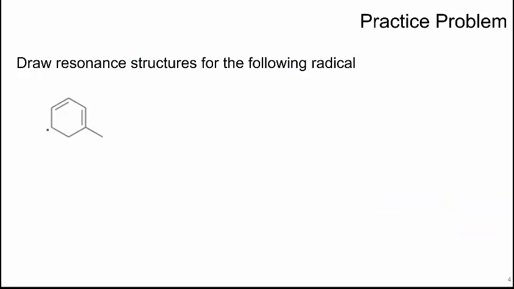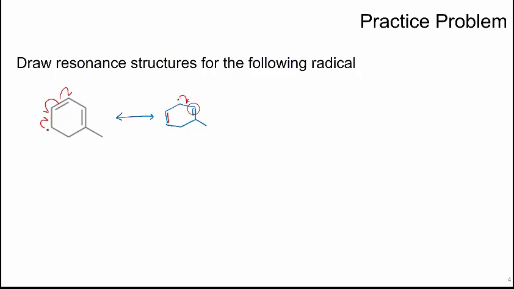So if we try to draw a resonance structure for this one, electron goes here, one of these can go here, and the other one goes onto that. The new bond is formed here from the unpaired electron, and the other one forms here.